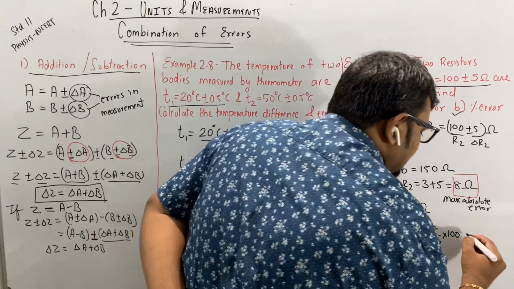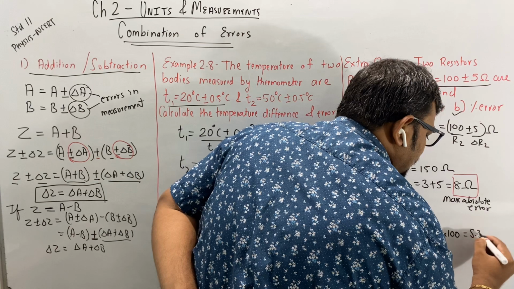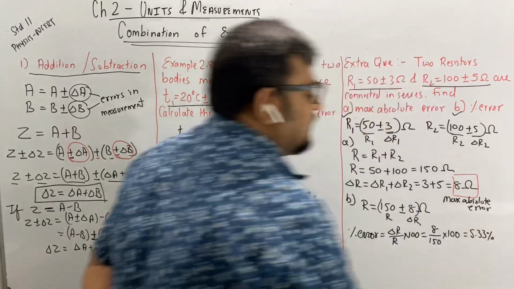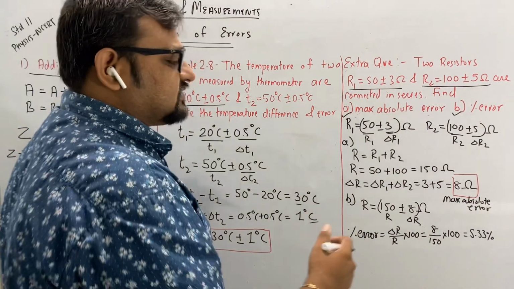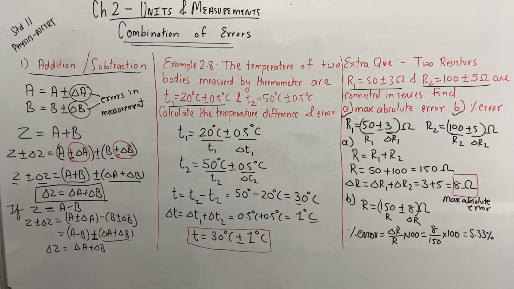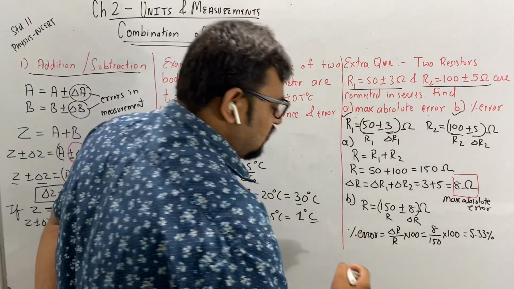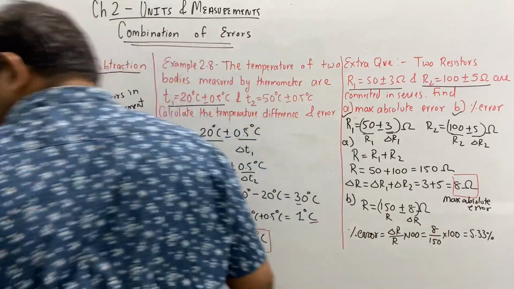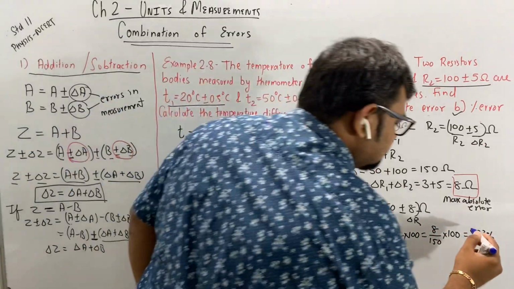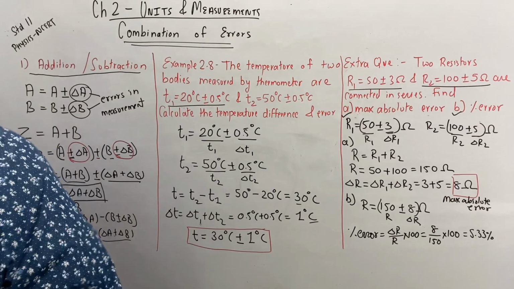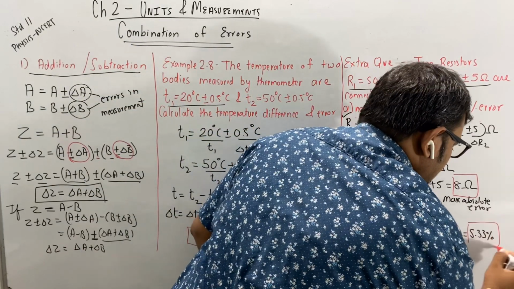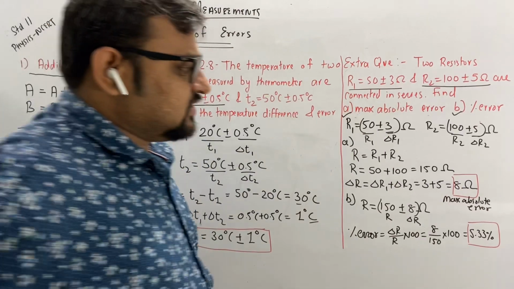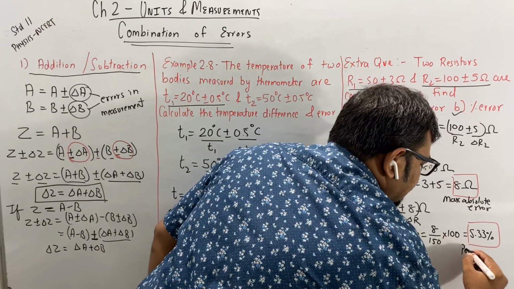So as a round figure I will take 5.33 percent. Okay, so this will be the percentage error.